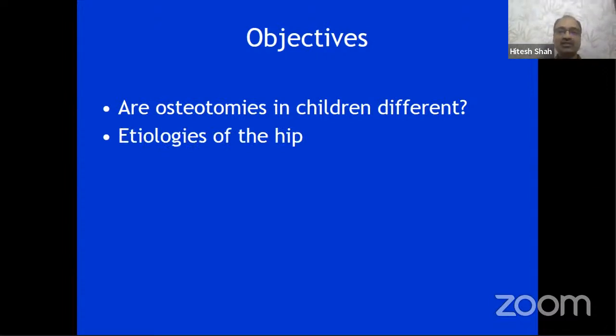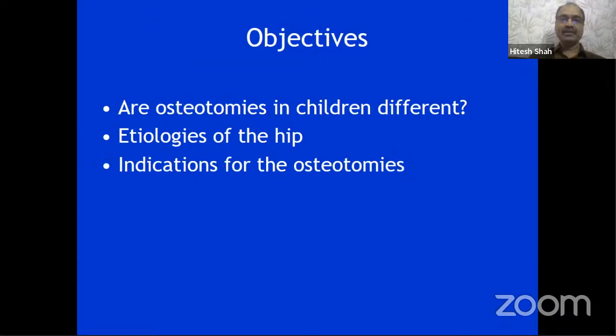What are the various etiologies of the hip joint where osteotomy of the proximal femur and acetabulum would be needed? Indication: whether it is angular correction, displacement correction, or congruency of the joint, what is needed, the exact indication for doing the osteotomy.